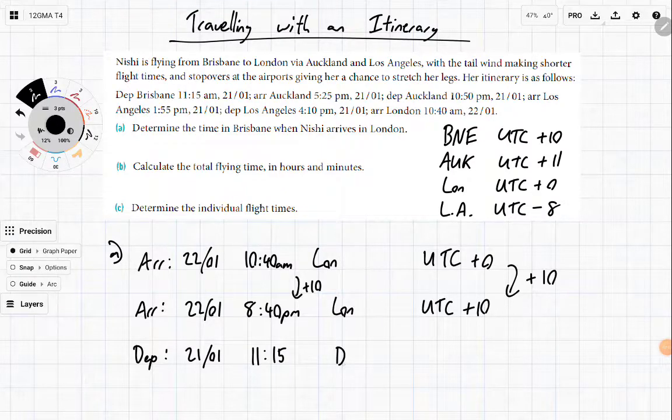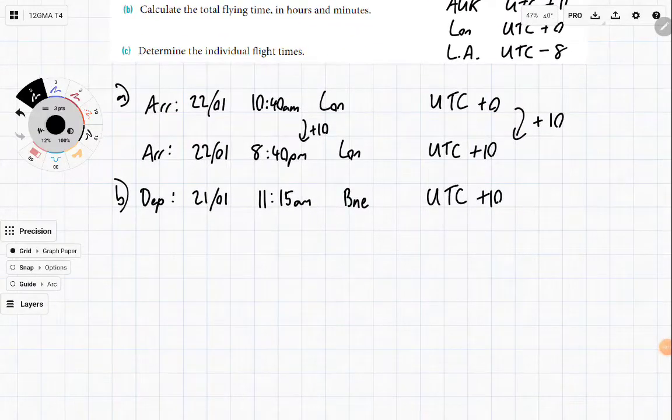She left Brisbane, which is UTC plus 10, and then she arrived a day later at 8:40 p.m. Alrighty, so how long was she gone for? So this is for B. Well, we need to work out how long it has been. So time difference. Well, we're trying to work out how many hours it has taken to get from here to here.